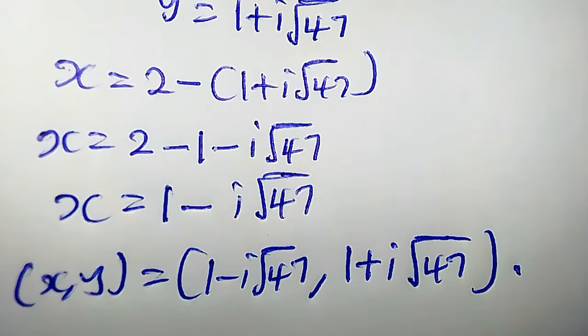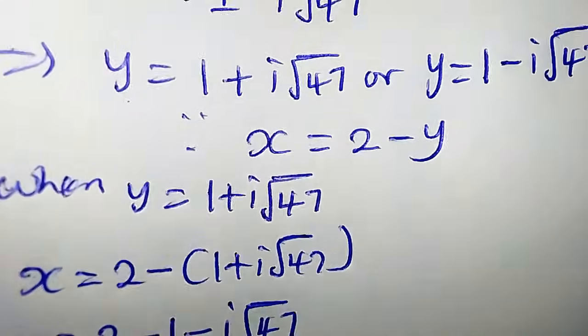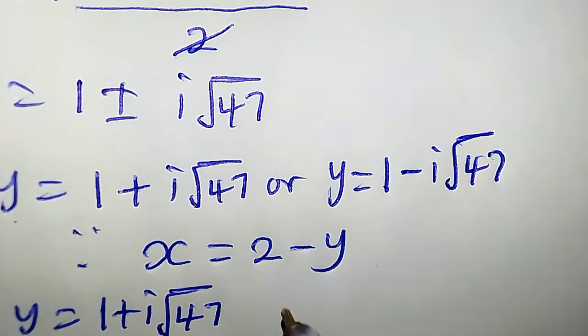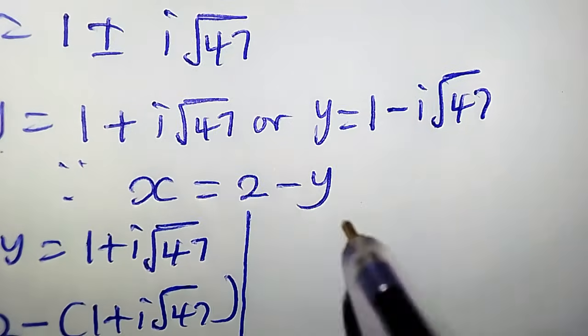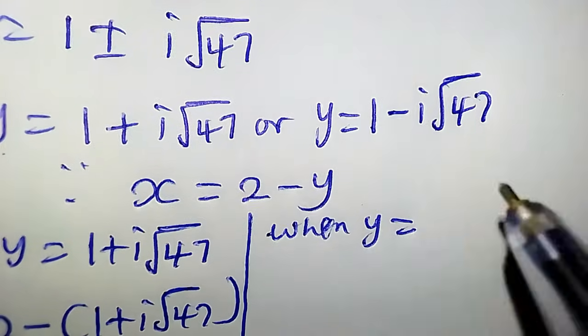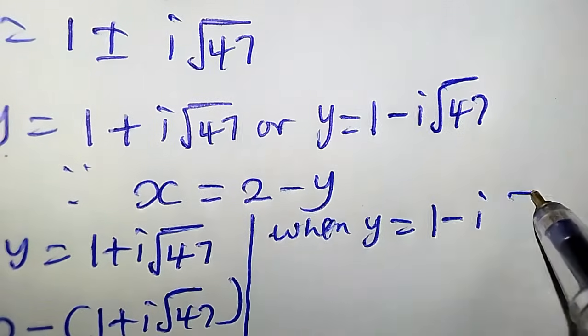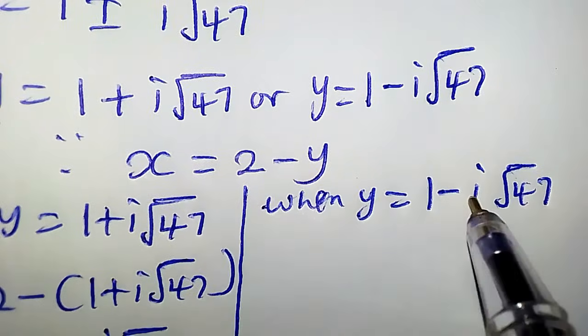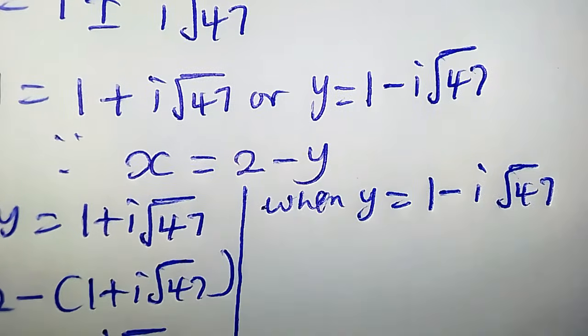The next thing to do now is to consider the second value of y, which is this. So when y is equal to 1 minus i times square root of 47, what is x? Let's just plug this value into this equation.